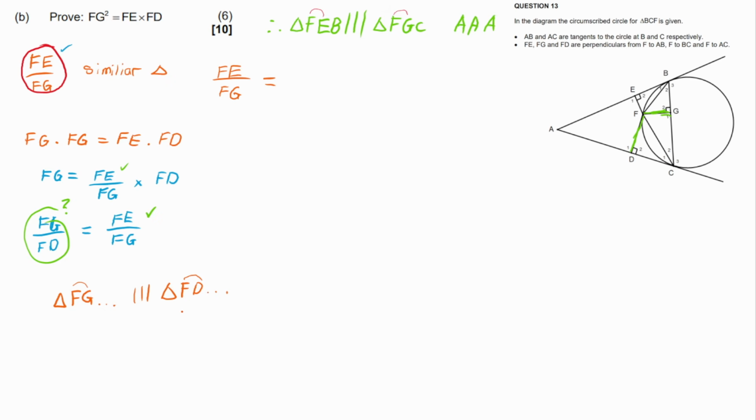So we know this is what we're aiming for, that these two triangles are similar. So let's have a look. Where do we have FG? Here's FG. So we have previously proven that this triangle FGC, this one over here, is similar to this triangle. We proved that in A. All right, so we did prove that.